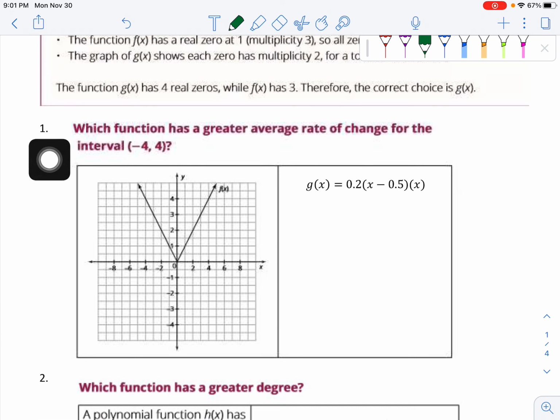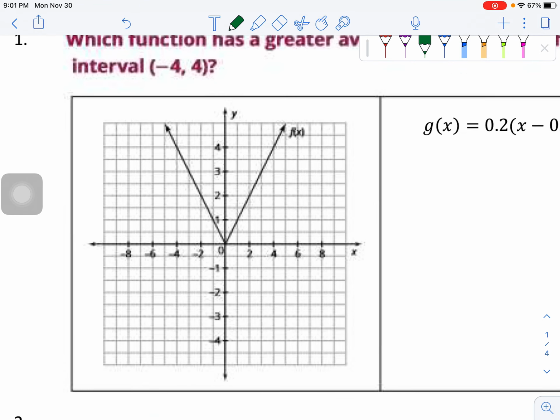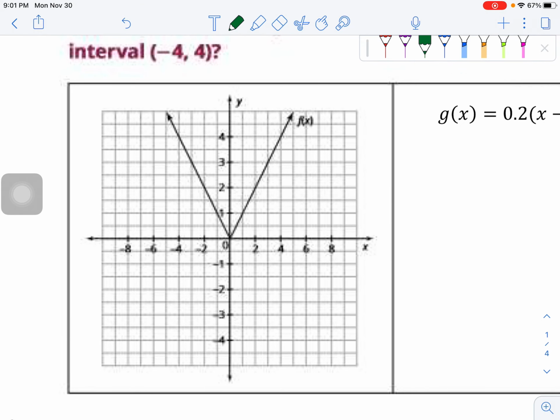All right. So problem number 1, which function has a greater average rate of change for the interval -4 to 4? So problem number 1, I have a graph. I have a graph for f of x, and I have an equation here for g of x. So let's take a look at the function here, this f of x graph. And I want to look and see, all right, so -4 is right here on the x-axis, +4 is right here.